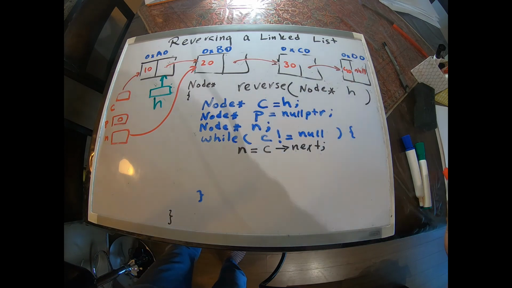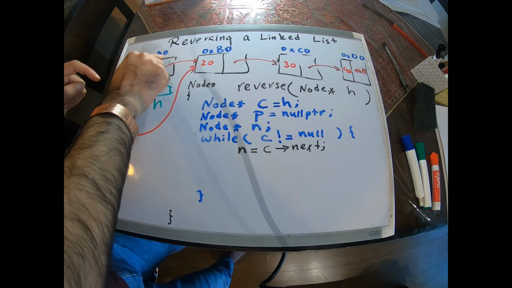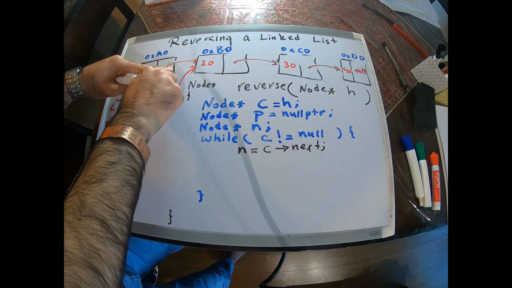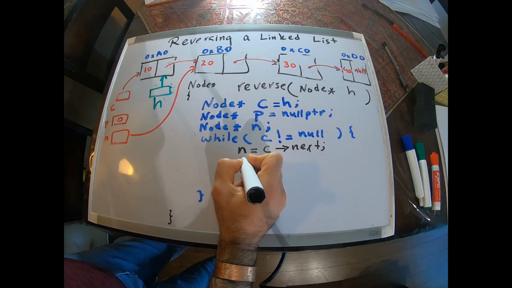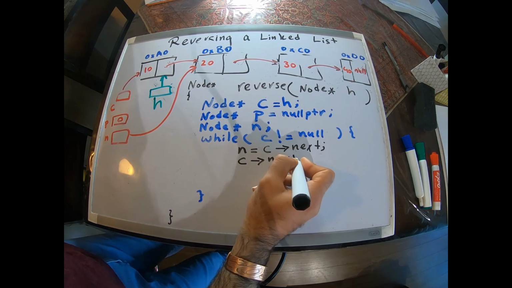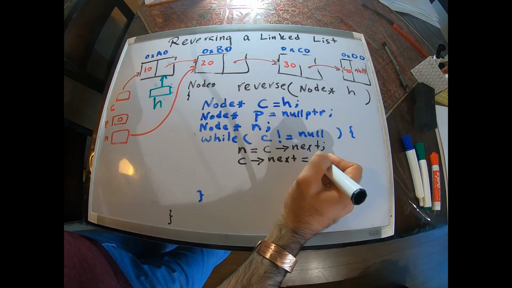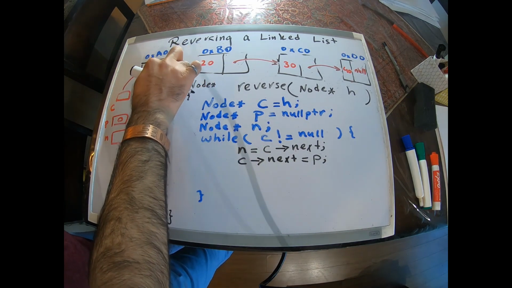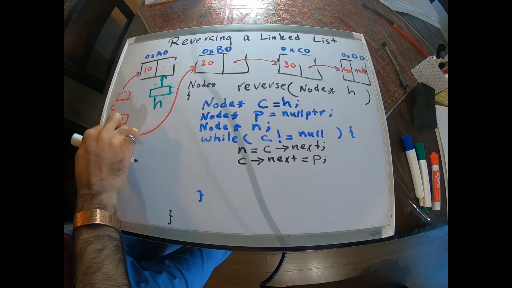I don't need this pointer anymore. I needed this pointer so that I can go to this one. So now I can say that C arrow next is equal to previous. So what's gonna happen? C arrow next is gonna become null.